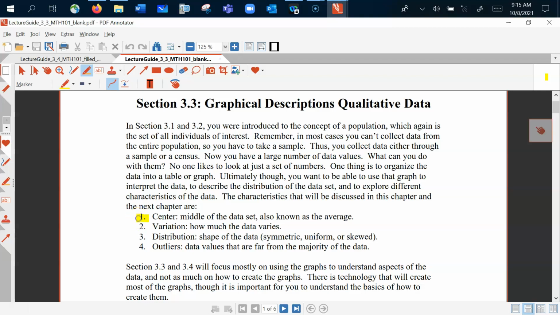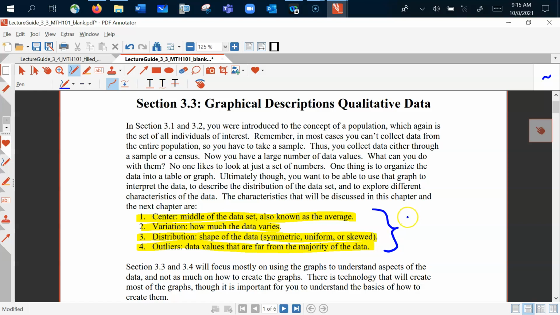So the graph's pretty powerful, and things that we look at as far as characteristics are center, variation, distribution, and outliers. Now this mostly applies to quantitative data, but in general we see characteristics that can be gleaned from a table or a graph.